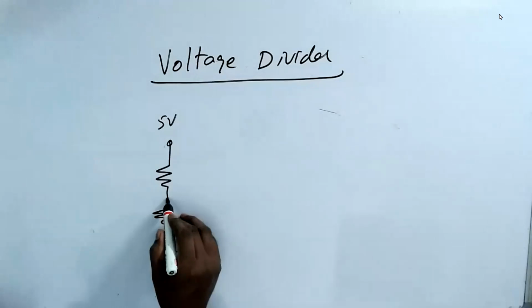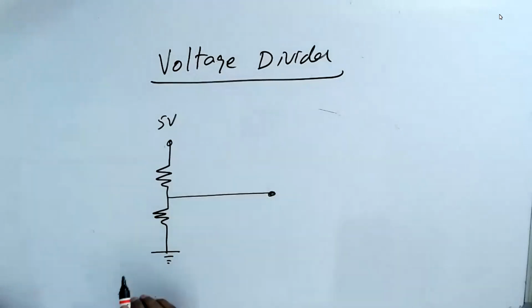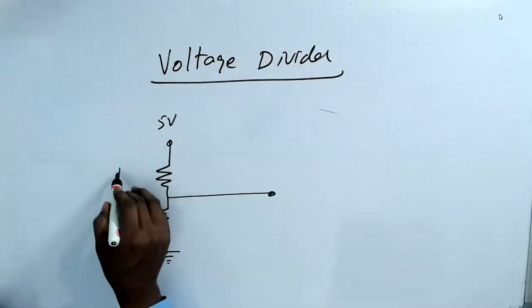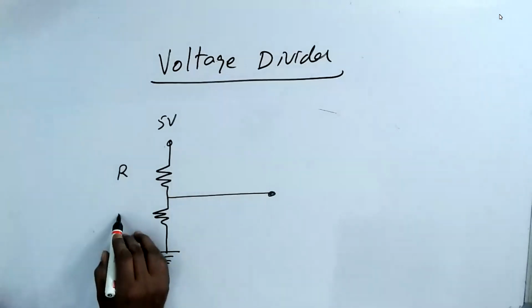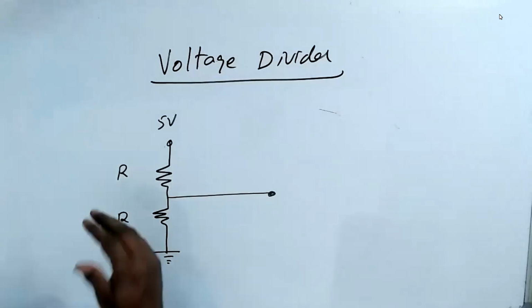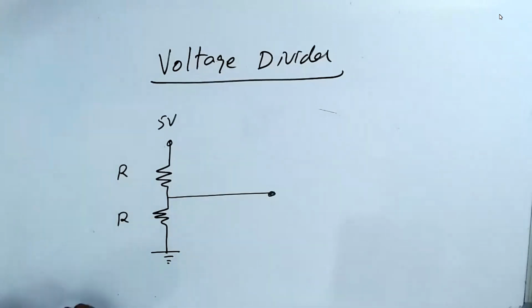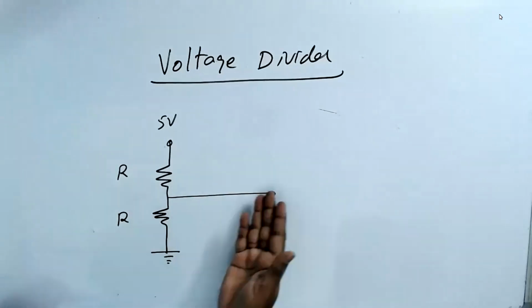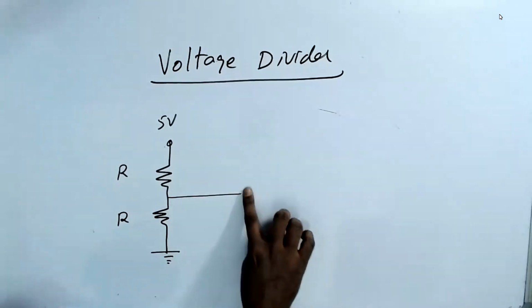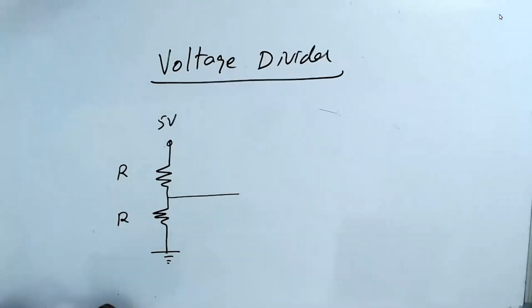what is the output? Let's say some resistors R and R. What is the voltage you get? 2.5 volt. Am I right?